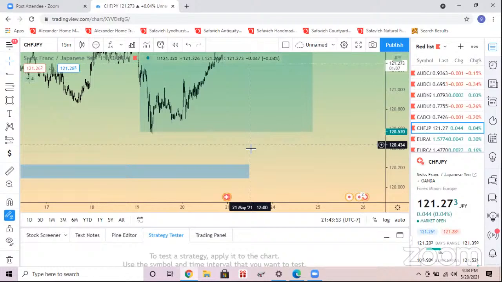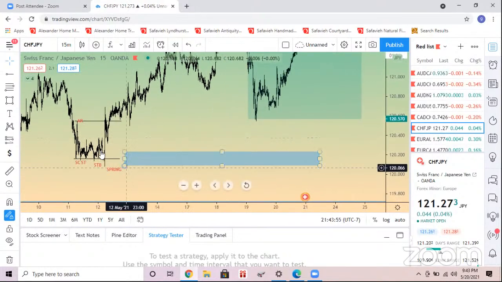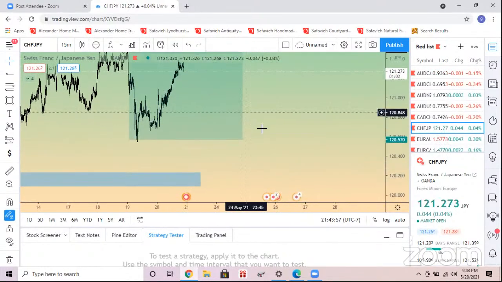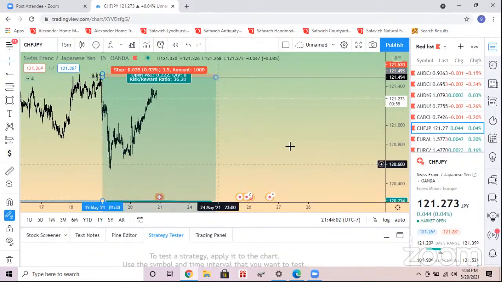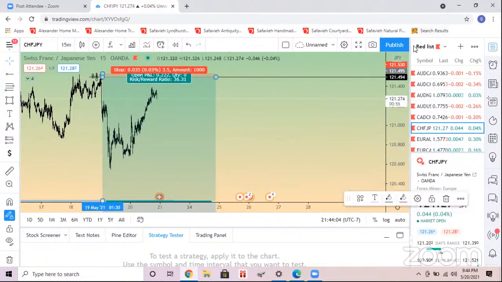And then we want to take this lower so we can buy from this accumulation right here. So coming down, if it comes all the way down, it will give us a 36 to 1. It is counter trend. That's exactly right.